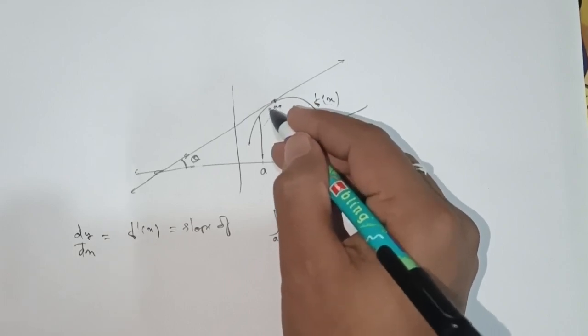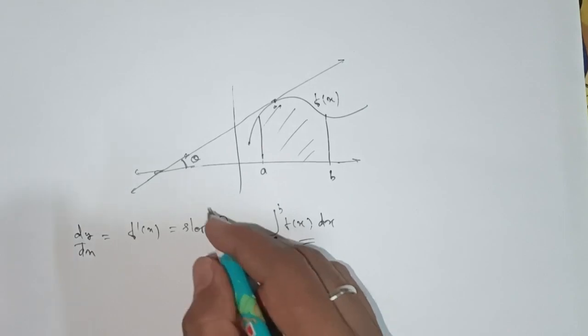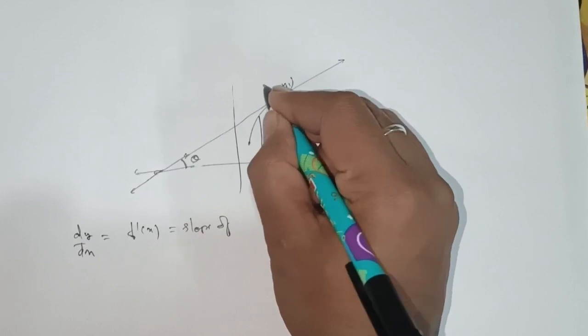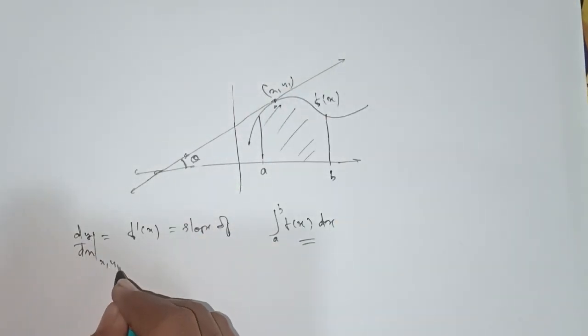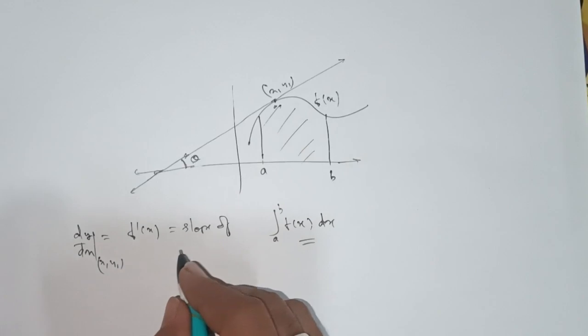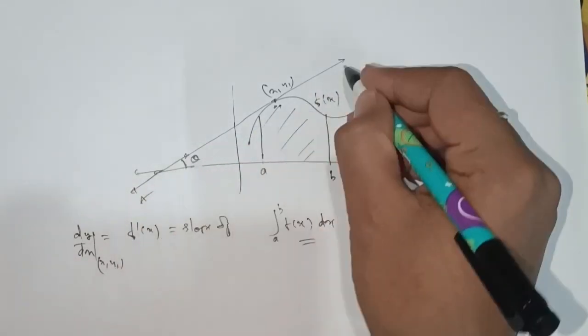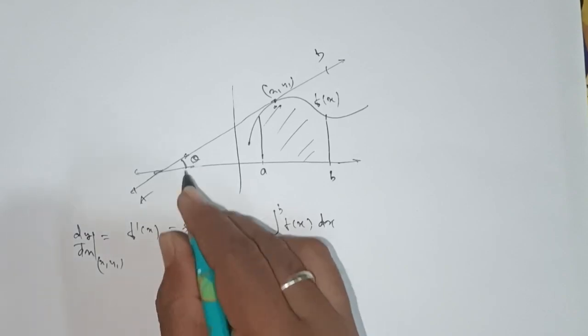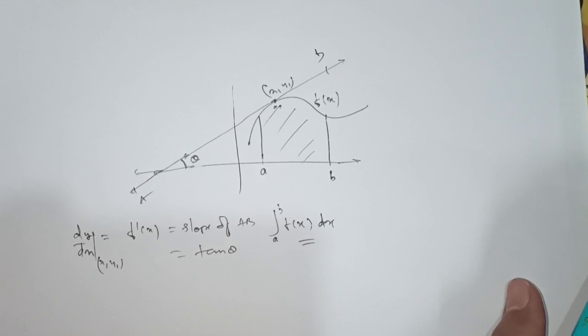We say the slope of this tangent at the point (x1, y1). Then this derivative talks about the slope of the tangent. If you give the name AB, then the slope of AB is tan theta, where theta is the inclination of this tangent, or the rate of change of y with respect to x.